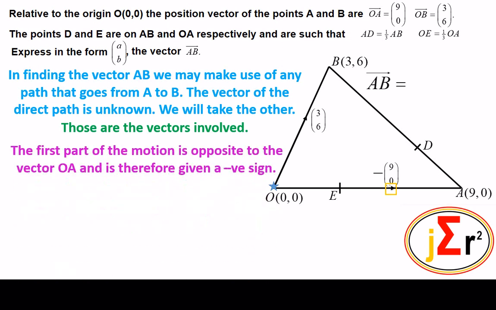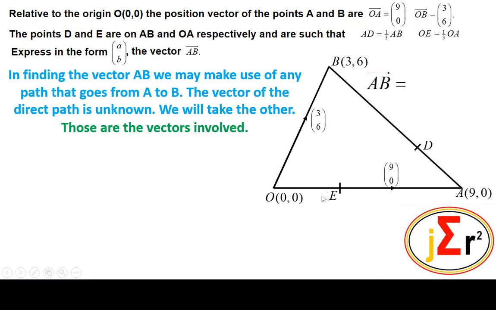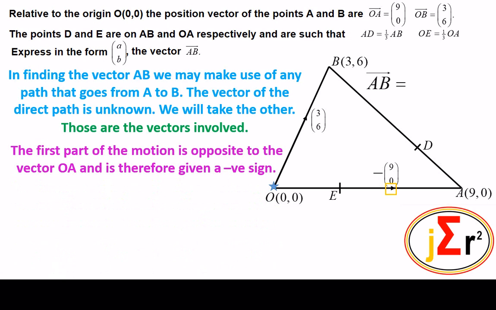We have OA going like this, but in going from A to O, we are going in the opposite direction to OA. Therefore, for this part of the motion, we assign a negative sign right there. The first part of the motion is opposite to the vector OA and is therefore given a negative sign.